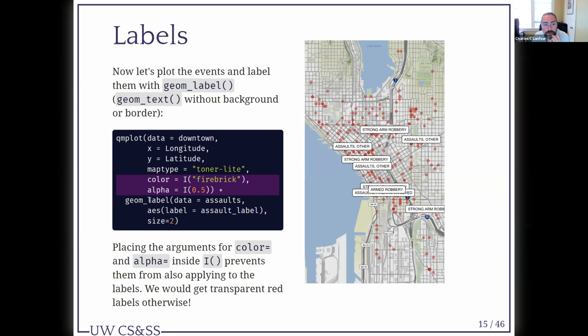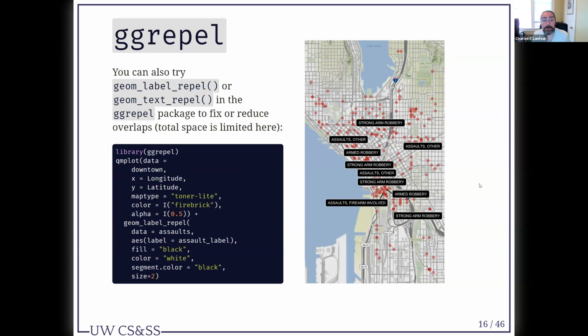So geom_label itself, without using geom_label_repel, which I'm going to show you in a second, you can make it so all the labels are offset in one direction or another uniformly. But what it doesn't do is automatically push them apart. If we want to automatically push them apart, we can use the package ggrepel.